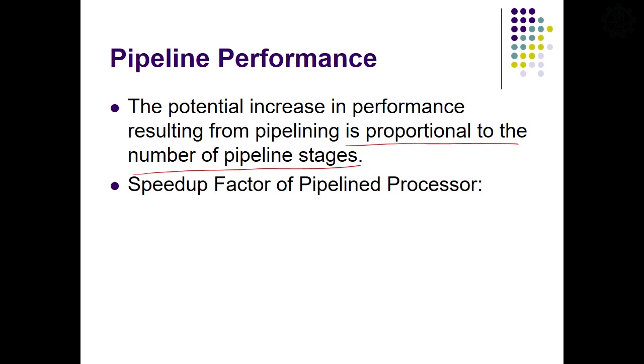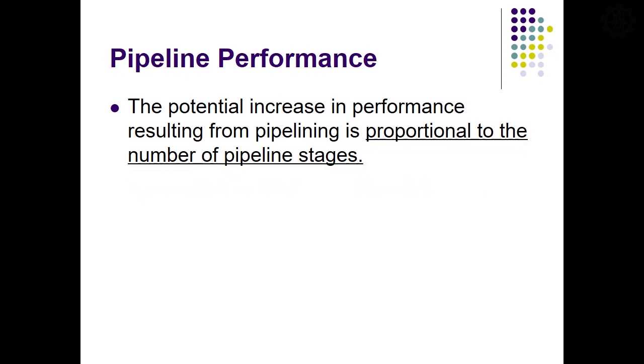There should not be a stop in between; there should be a continuous stream of instructions. Those are the conditions. Otherwise, the pipeline will stop and then it will take more time. Yes, that is underlined: it is proportional to the number of pipeline stages.